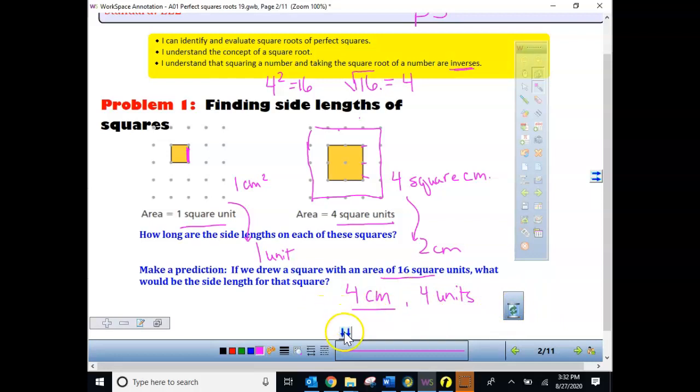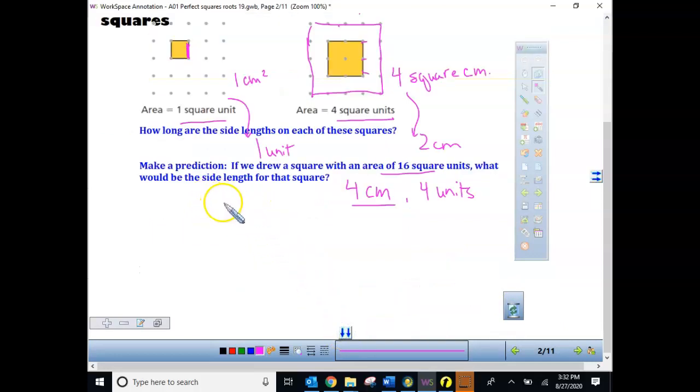Now, what's nice about this is you have a little bit of white space below in your notes, and what I would like for you to add is I would like you to put the word area, and I would like you to put the words side length. And when I look at those, what I actually want to do is, if I told you the side length happens to be 3 centimeters, you would tell me the area is 9 square centimeters.